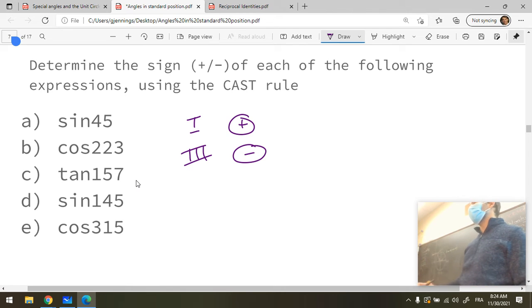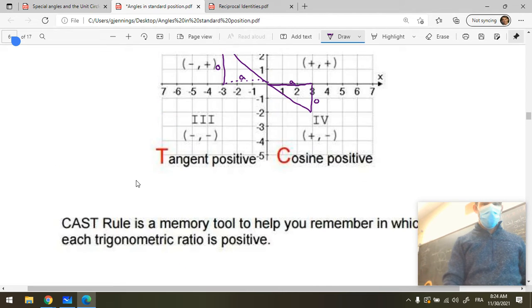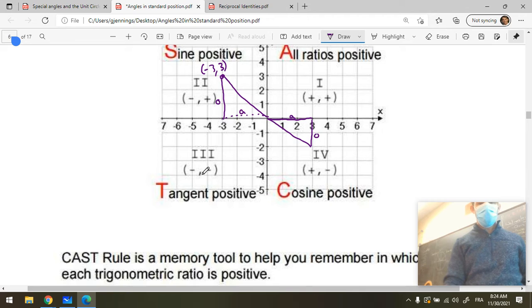Tangent 157. What quadrant's that in? Second quadrant. It's between 180 and 90. Good. And it's tangent. Where is tangent positive and where is it negative? Yeah, it's positive in the third one. So this is going to be negative here. Tangent's positive here, and it's positive there.